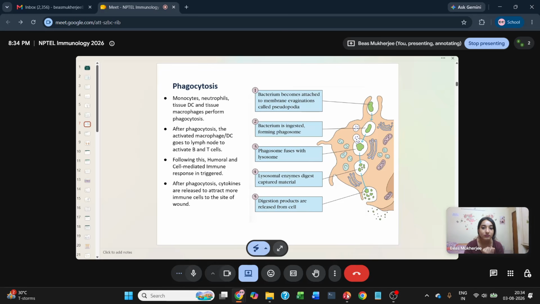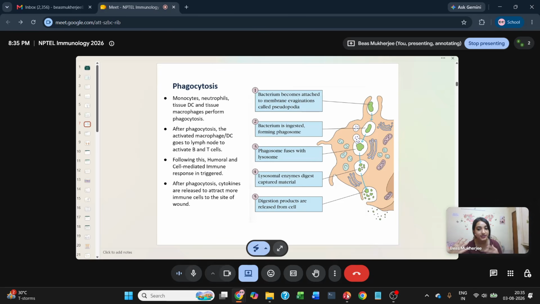Now, monocytes, neutrophils, tissue dendritic cells, and tissue macrophages perform phagocytosis. After phagocytosis, the activated macrophage or dendritic cell goes to the lymph node to activate B and T cells, right? So now it is getting connected to the adaptive immune system. So what happens is, after this activation, humoral and cell mediated immunity kicks in.